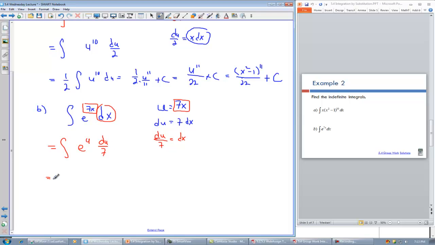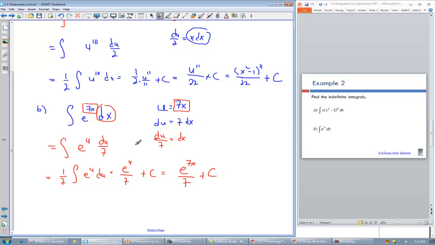The easiest way to integrate this is to pull out the 1/7. When you divide by 7, it's the same as multiplying by 1/7. The integral of e to the u du is e to the u, times 1/7, plus c. Then plug back in for u, so that's e to the 7x, again u is 7x, divided by 7 plus c.